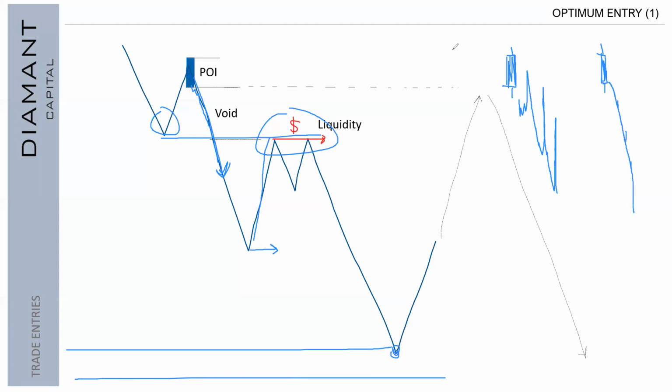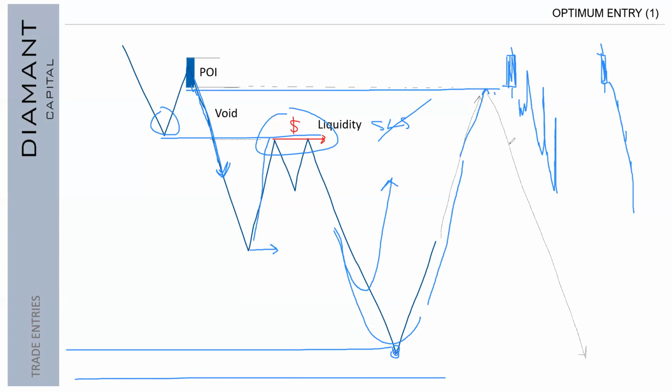It's not entirely necessary because we don't know when it reverses back up, right? So it could be at a lower point. But what I'm waiting for is for this. Taking that liquidity right there, all of those stop losses are completely finished and gone. We've taken that, hit the point of interest, clean mitigation, and then boom. This is the perfect trade entry.